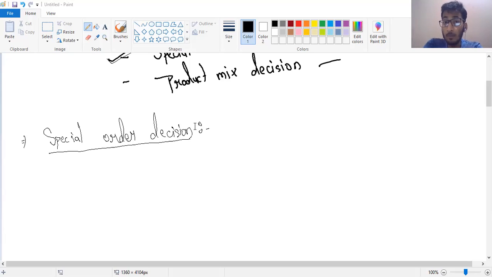In that case, if I am having certain other benefits just because of accepting the order, it would be subjective, I'm again saying, but I would take those things into account as well, whether I should accept it or not. If accepting it would be beneficial for my business in the future, I will take the decision on the basis of that. So basically this is the special order decision.